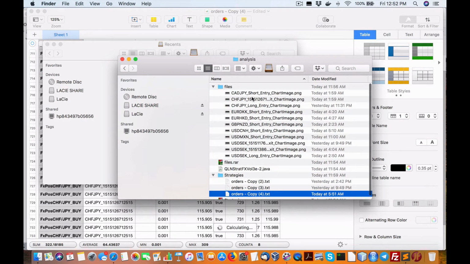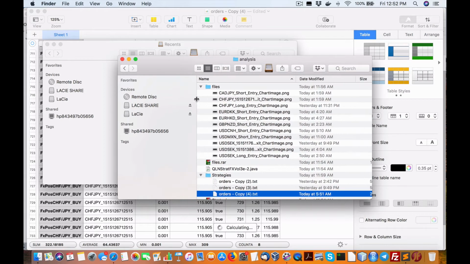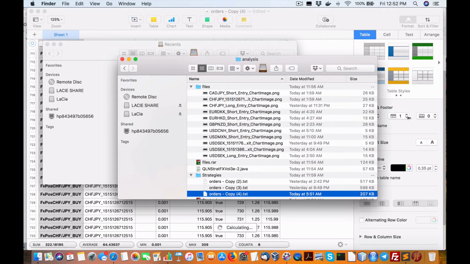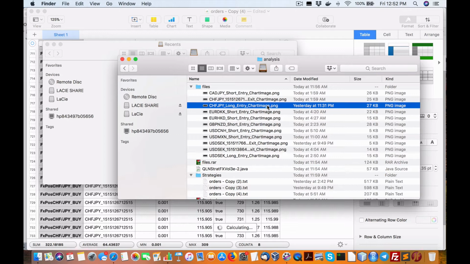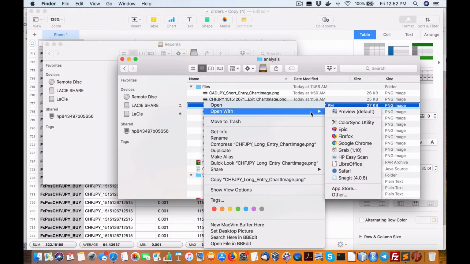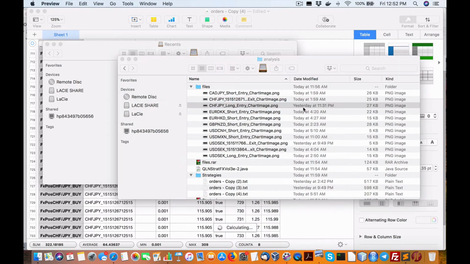Okay. So as I said here, this is brand new. This is the visualization of what's supposed to be when the system's working, is the entry and exit. So in this case, we have a position that was opened up, I'm assuming, 11:31. Okay.